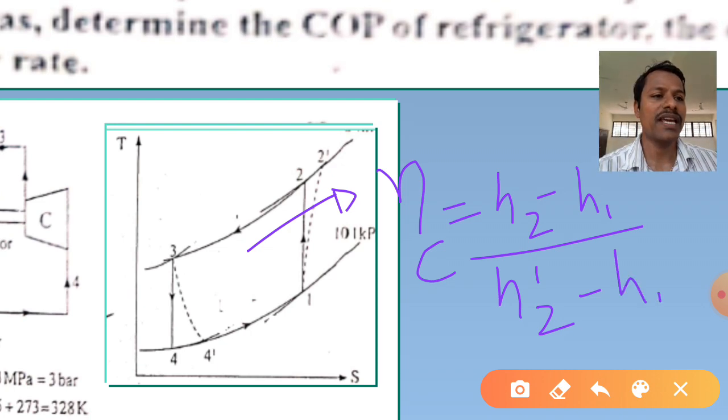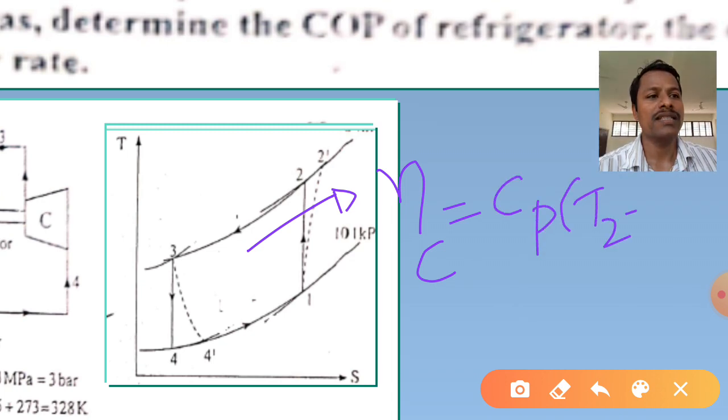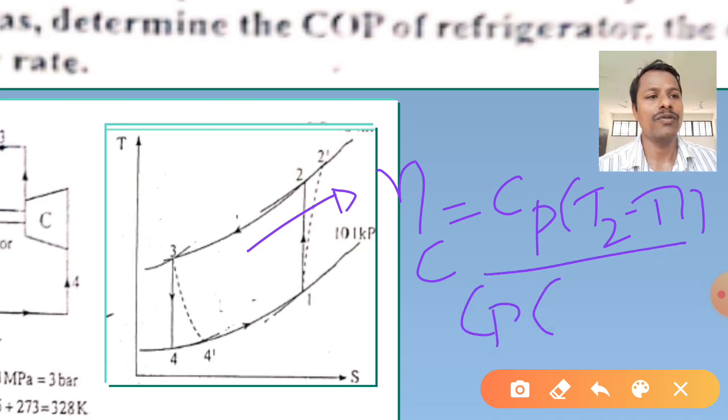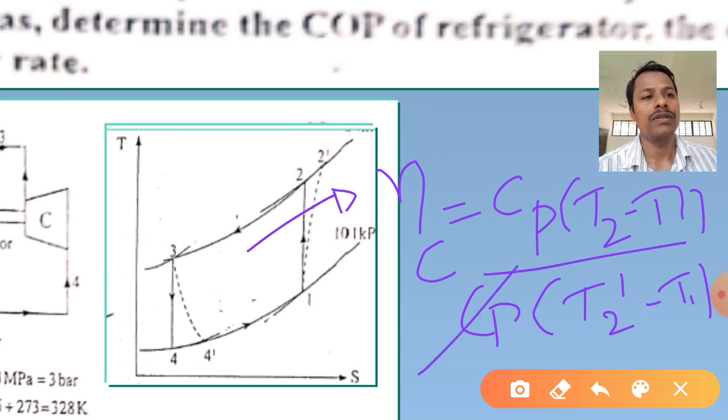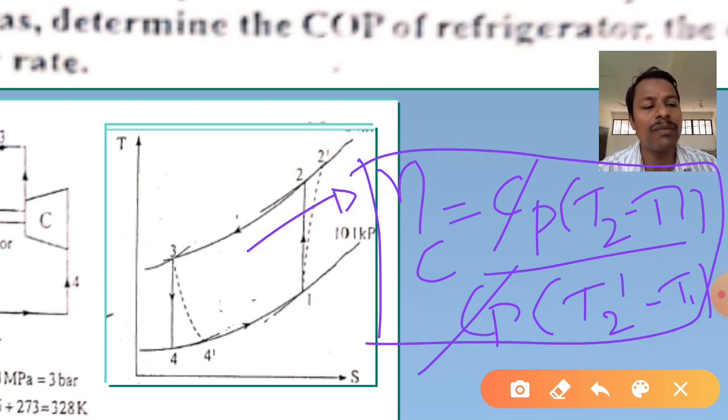The same expression can be written by replacing enthalpies with temperatures: Cp into T2 minus T1 divided by Cp into T2 dash minus T1. Cp cancels, and the compressor efficiency is given by this formula. We will remember this and use it.